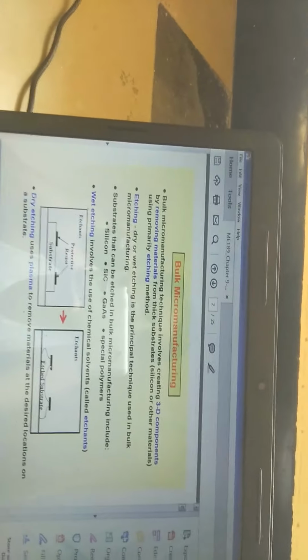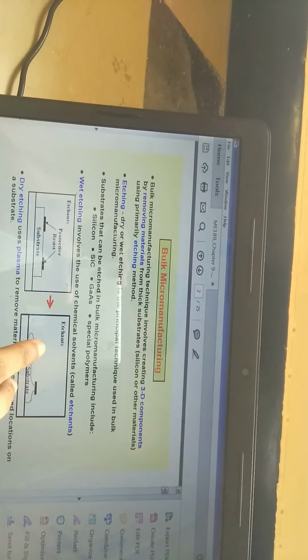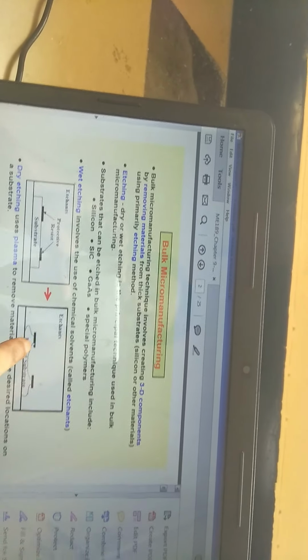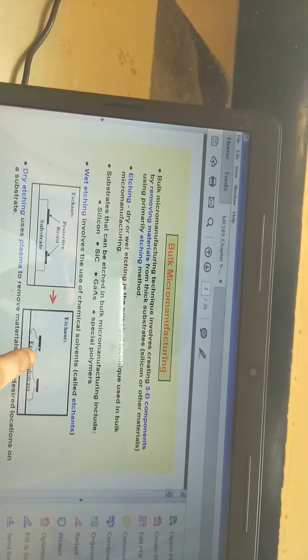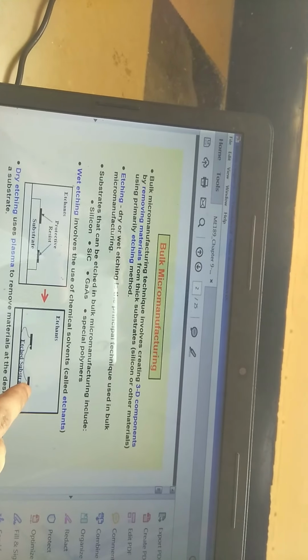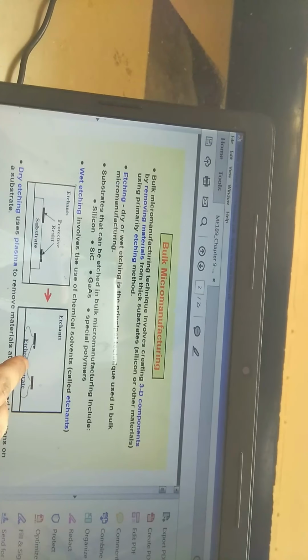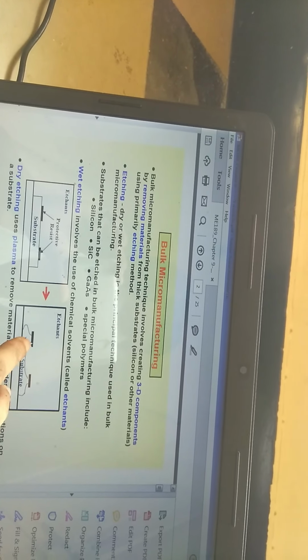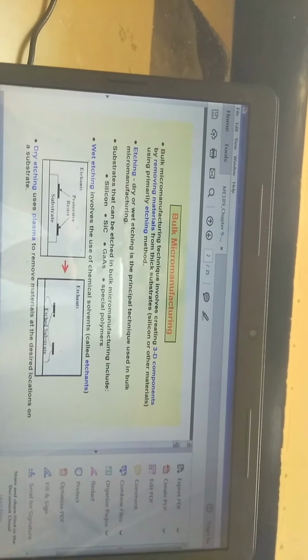In figure 2, you just observe here: the etching can be undercut. The part immediately under the protective mask is etched after a lengthy period of time.